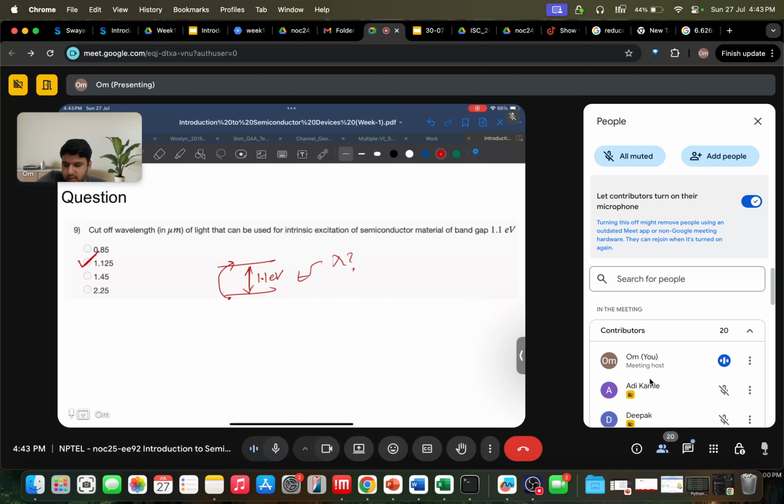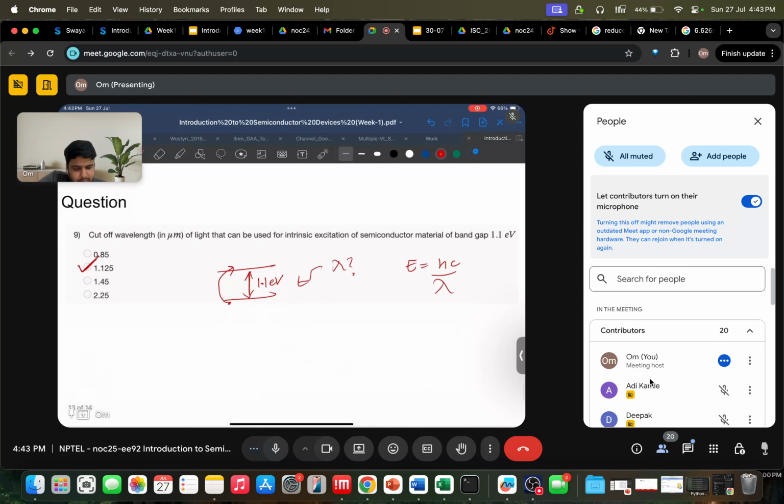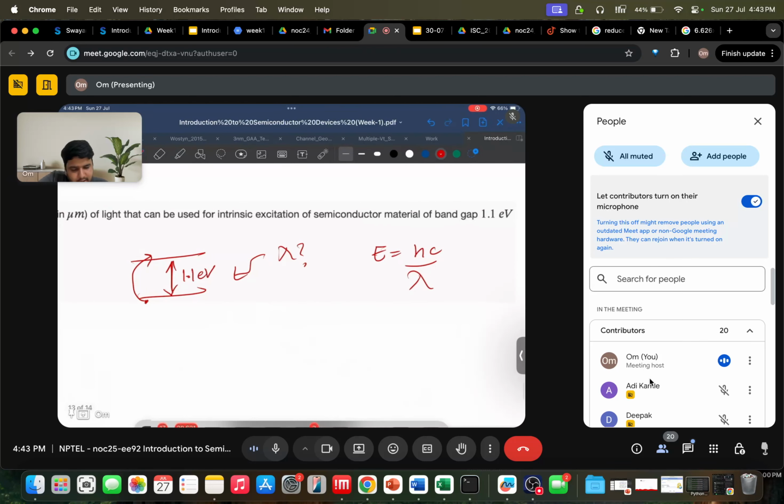So we just saw this right now. E is hc by lambda, and for a photon, if I substitute the values, I get E is 1.24 by lambda, where lambda is in micrometer and E is in electron volt.